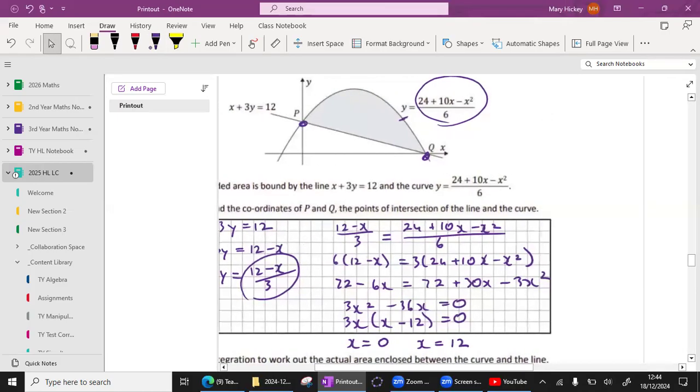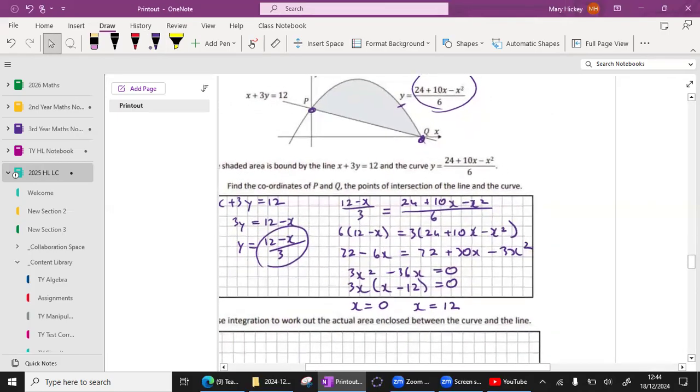Now, because Q is on the x-axis, the x-value of 12 belongs to Q, and the 0 is the one on the y-axis.